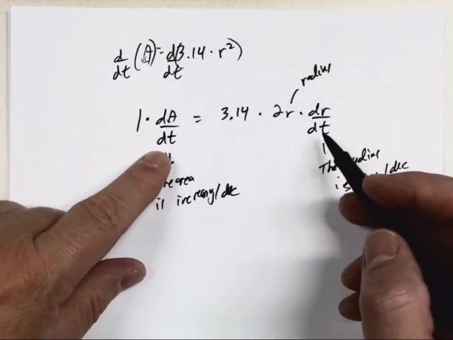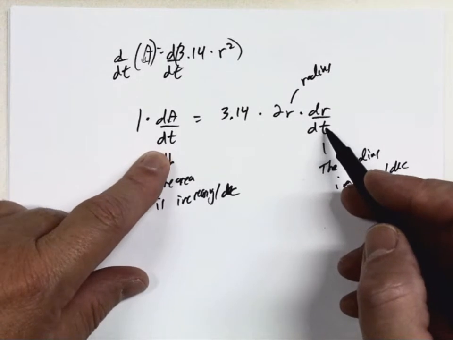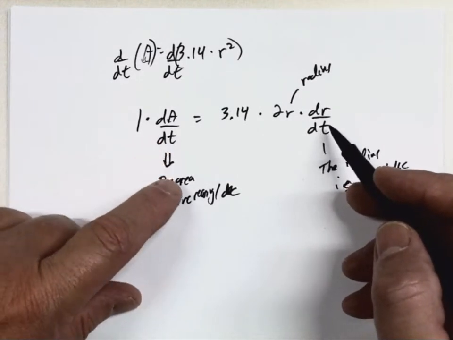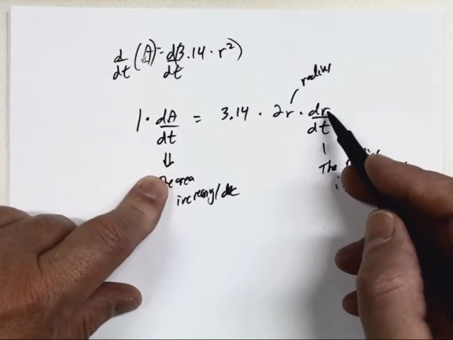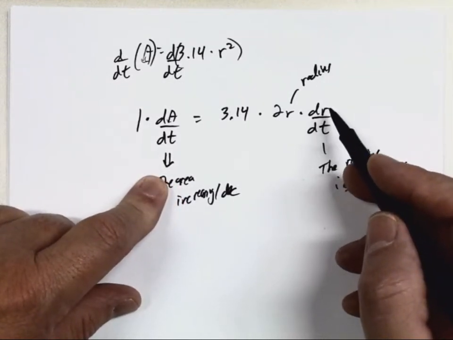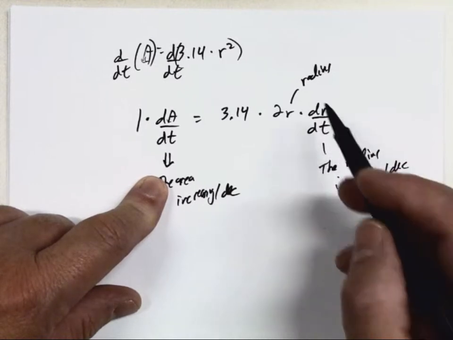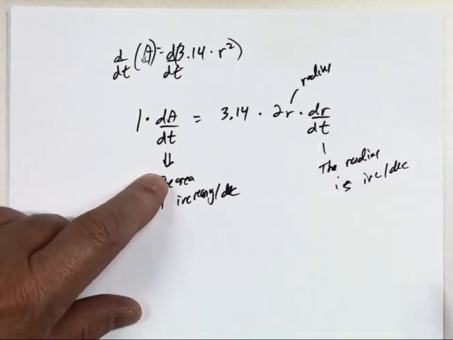So you notice these two, dA/dt and dr/dt, are rates. dA/dt is area per time, and dr/dt is like length per time. And we have an r here.